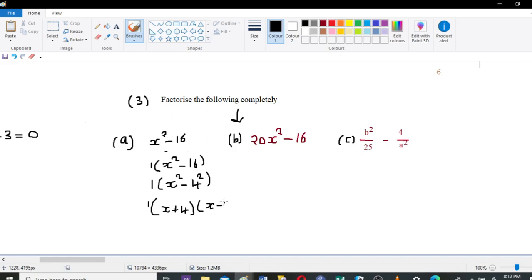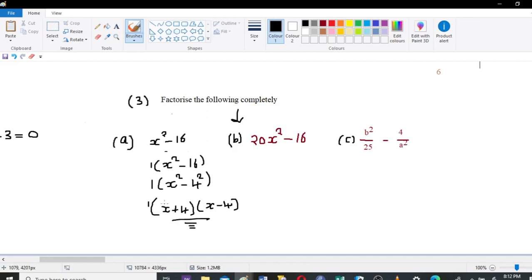This is the only way we can be able to prove. Okay, because whenever you perform factorization, if you multiply your product, you need to get back to the question.